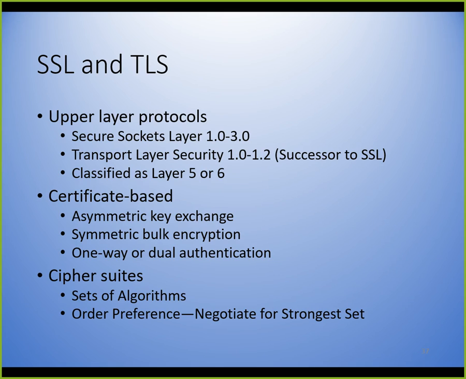And then we have the cipher suites, which are the algorithms that are going to be used. They're going to have an order of preference. We start with the strongest set and work our way down until we come to a set that is available in both of the devices.